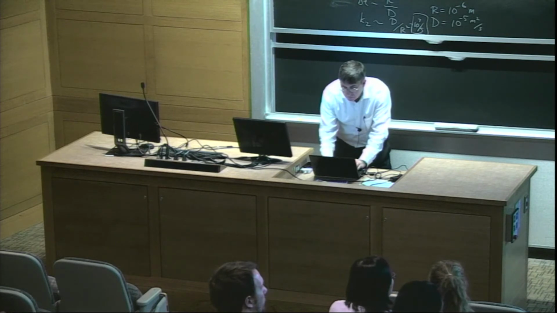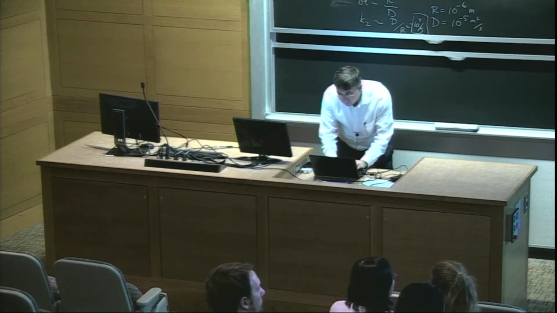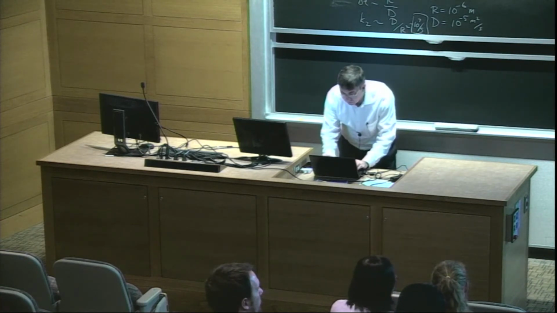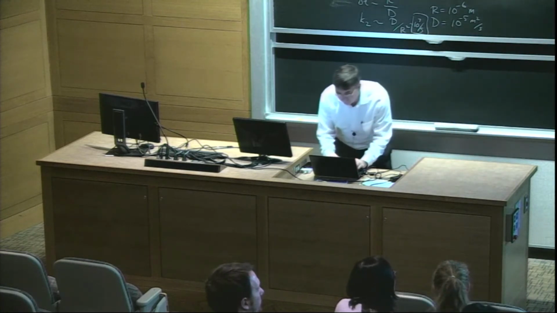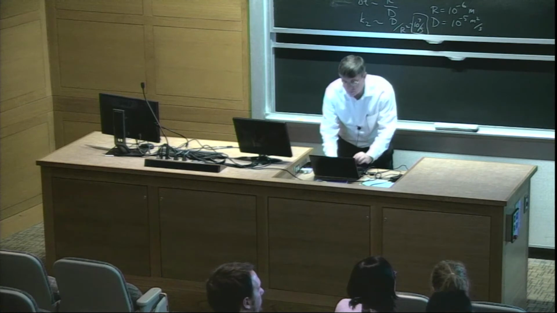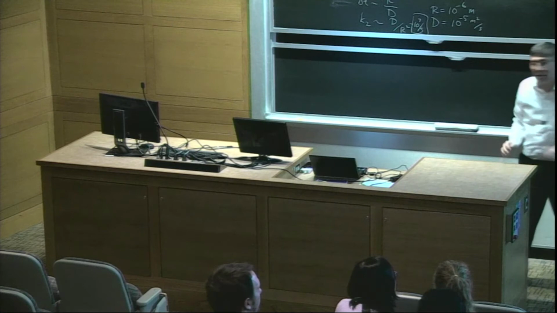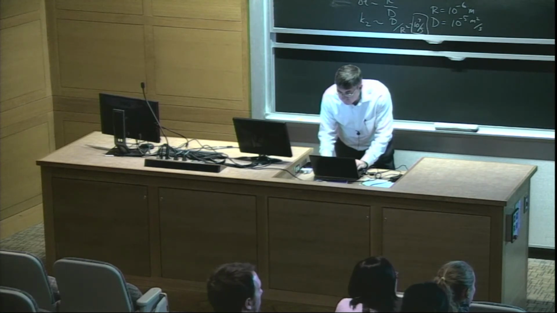And K we just decided was 1e minus 5, 1e7, 0.3, 4e minus 5. Now, if you just look at these rates for a second, I think you can see a problem we're going to have.